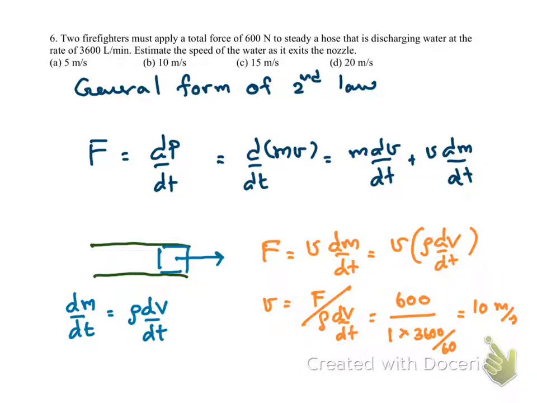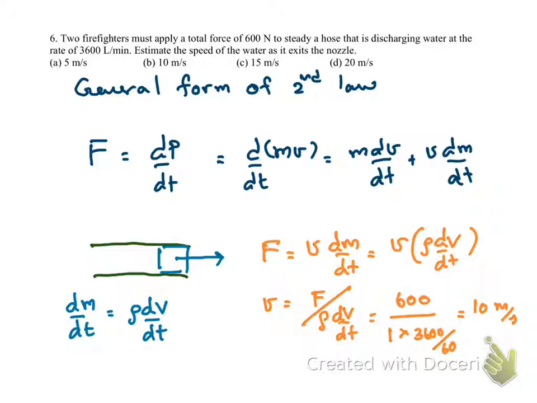We can understand this by looking at the general form of the second law. We know that the general form of the second law is F equal to dP over dt. If we put P equal to mv, we have F equal to m dv/dt plus v dm/dt.